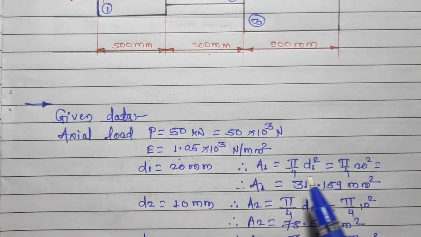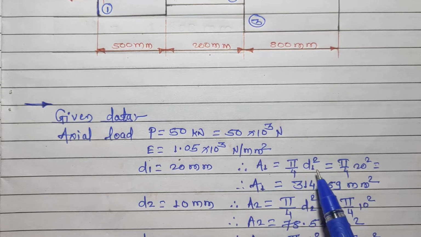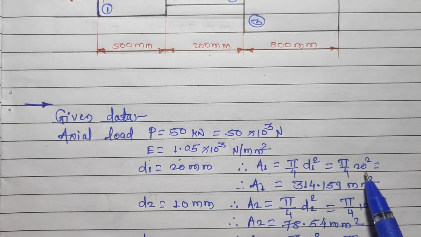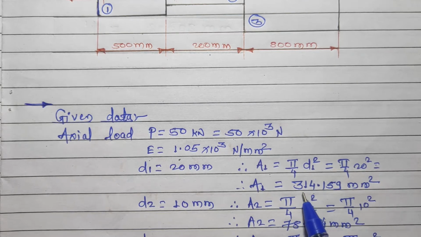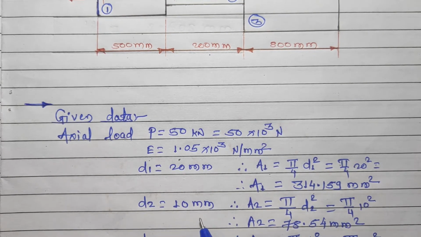So we can calculate the area of section 1, that is A1 is equal to pi by 4 D1 square. So pi by 4 into 20 square will give you area A1 as 314.159 mm square. Similarly, we can find the cross section area for the second section.